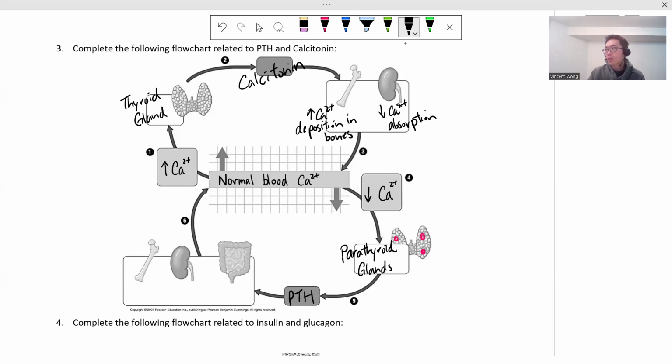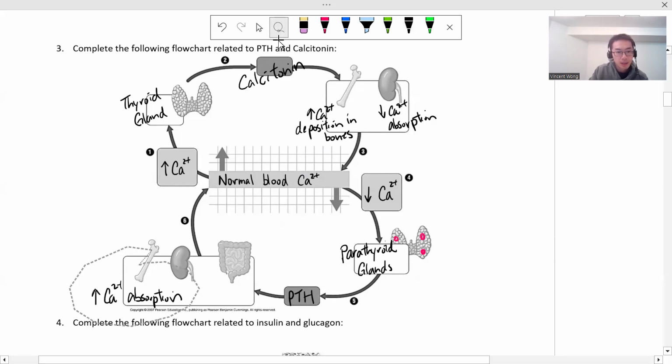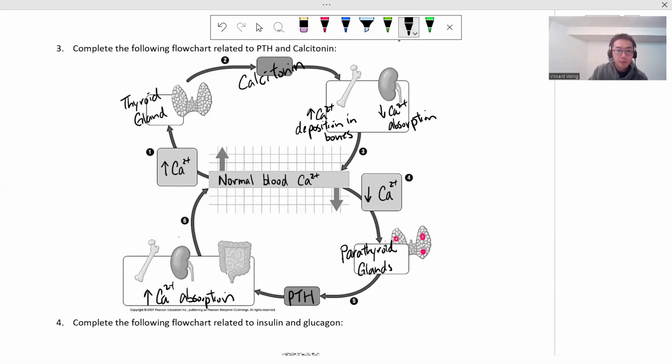Now that we don't have enough calcium, where are we going to get it from? Going to get it from the bones, of course. So you're going to increase calcium absorption. Basically, I can put it here: increase calcium absorption from the bone, from the filtrate, and from the intestine.